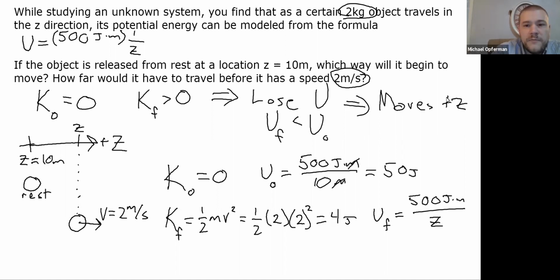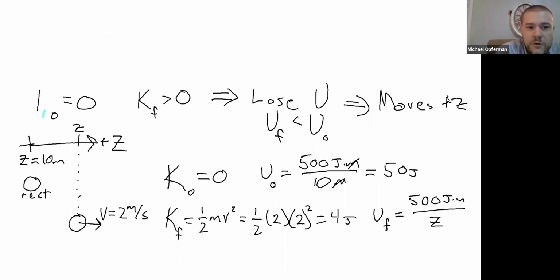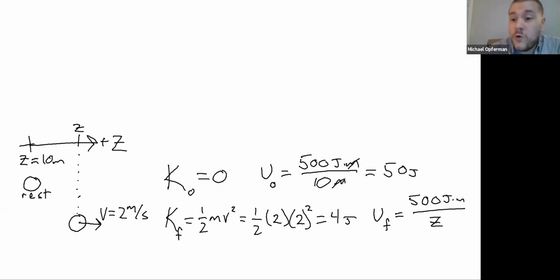Now, I'm going to need to make some space here. Get rid of some of this. We don't need that anymore. Okay, now we set the initial energy equal to the final energy, and that means total initial energy equal to total final energy. So the total energy is simply the kinetic plus the potential.